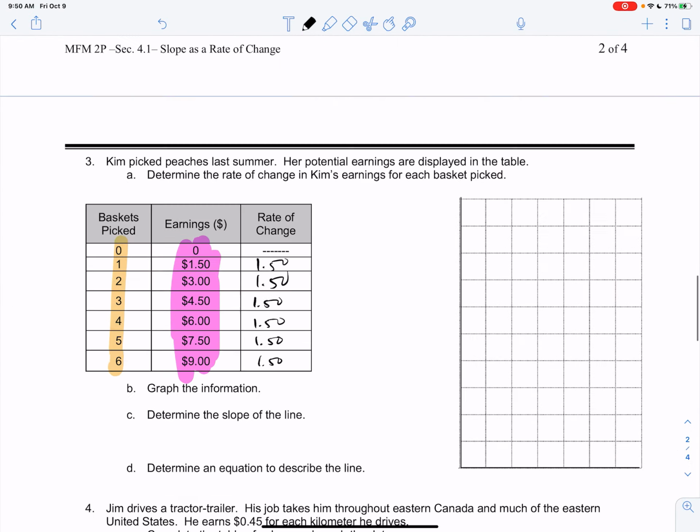Now, notice what happens here. If I go to calculate my rate of change, it's going to be the bottom minus the top. So in this case, the rate of change is 90 minus 45, which is 45. For the rate of change here, I'm not getting 45 cents, I'm getting $45.